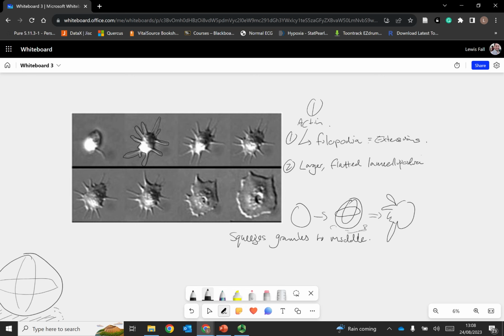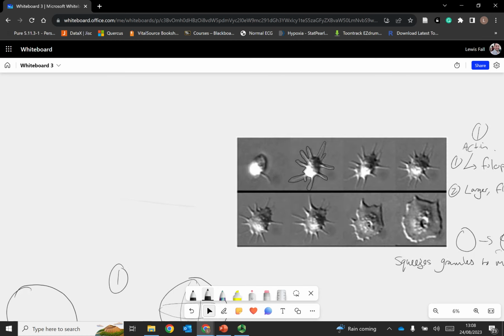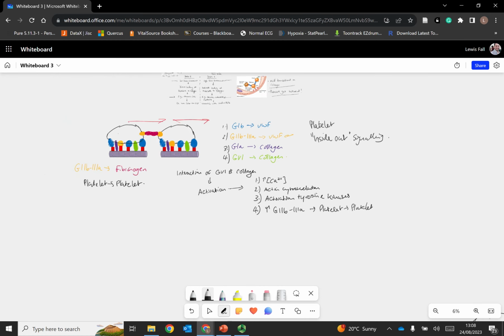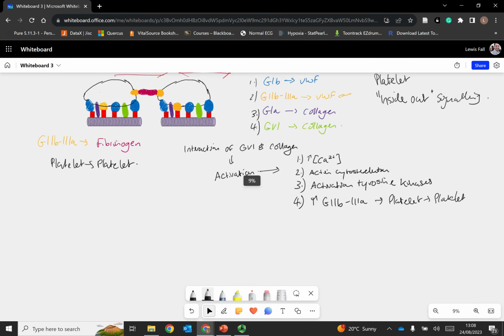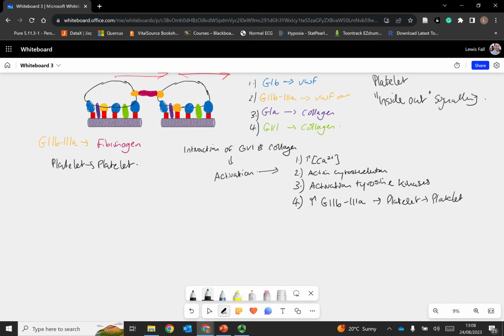What does that do? That squeezes all of the platelet granules to the middle of the platelet, and what causes that? That is the binding of platelets to platelets.